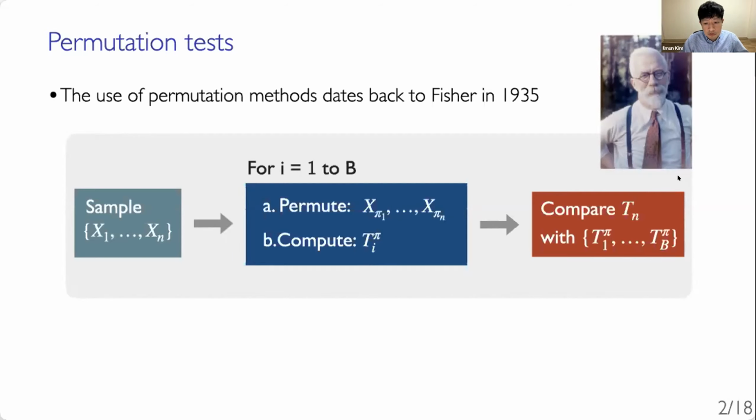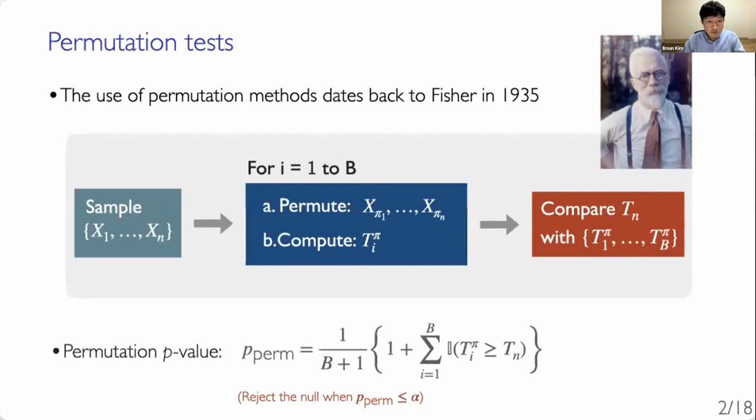And then we also compute the test statistic denoted by T sub n based on the unpermuted data sets. And then we compare it with the permuted test statistic and see how significant T sub n is compared to the permuted test statistics. And more formally, we count how many permuted statistics are greater than the original statistic and compute the following permutation p-value. And we reject the null when this p-value is less than a pre-specified significance level alpha.